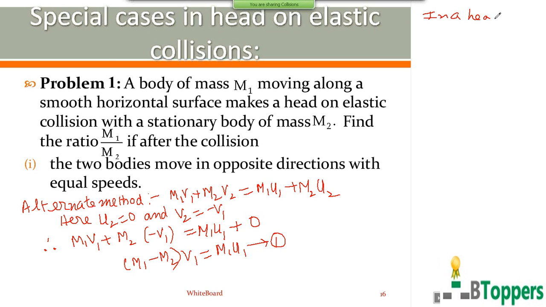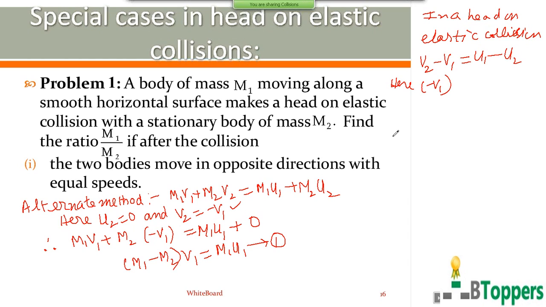In a head-on elastic collision, that means a one-dimensional elastic collision, you can write v2 minus v1 equal to u1 minus u2. In this case, v2 is the same as minus v1 on the left side, as I have written here. You can write u2 is 0. So you get minus 2v1 equal to u1.